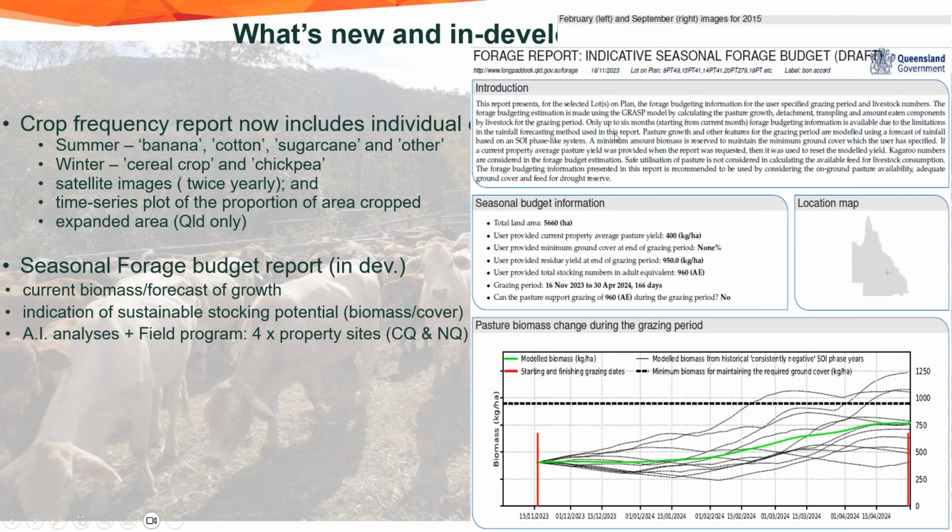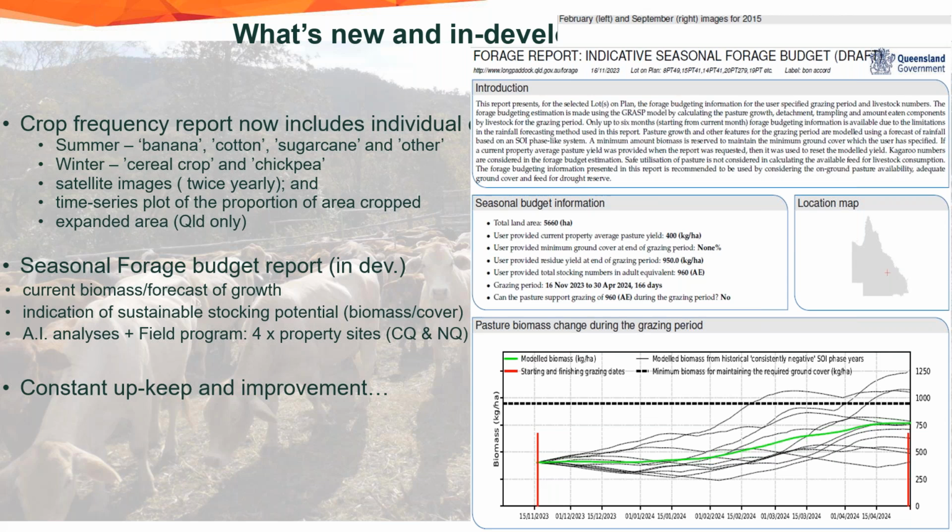We are using artificial intelligence analyses. There's a field program that is in association with that, with 4 properties that are in central and northern Queensland. Hopefully, we'll be beta testing that, and it'll be out in the final year, to be next year. So there's an element of upkeep there and improvement that we're doing with all of our reports.